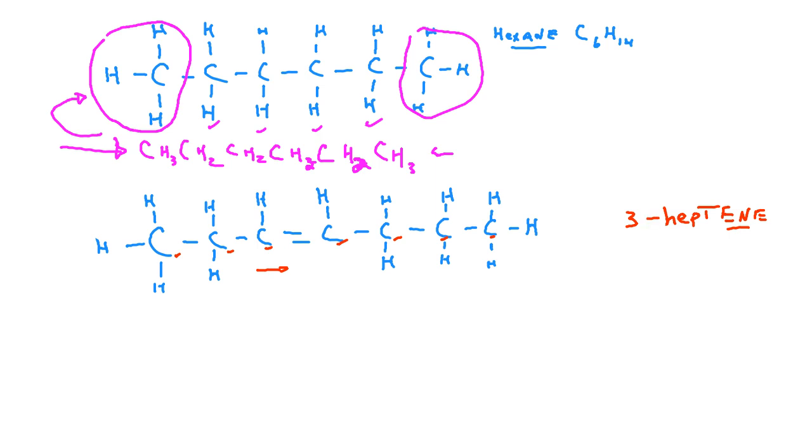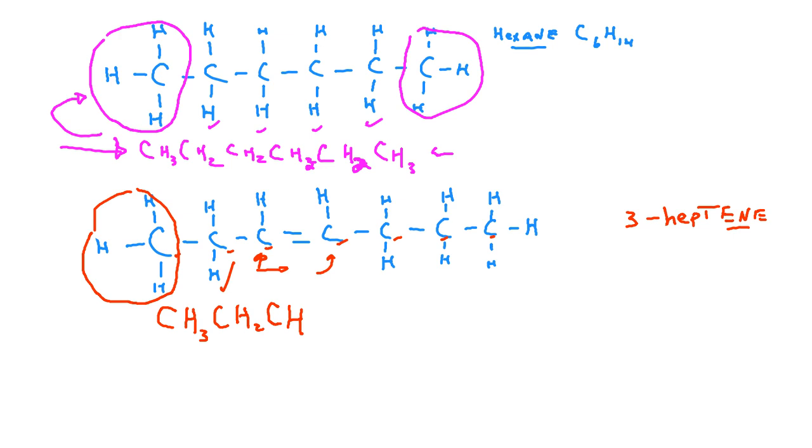Now we're going to look at this one. At the end here we have a CH3. This one is a CH2. This one is just a CH, there's only one H there. This one is also a CH.